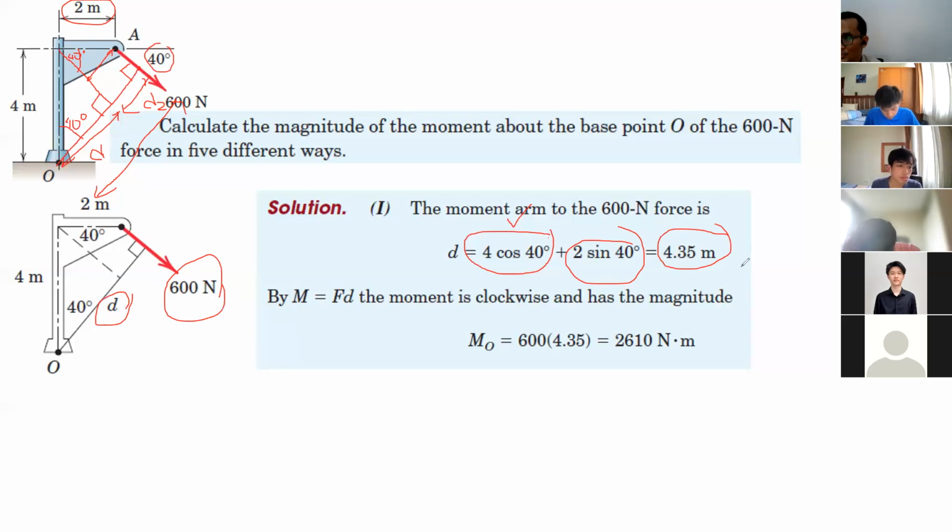Perpendicular distance is 4.35, right? Based on this calculation, the moment is 600 Newton multiplied by 4.35 meters. So in total, the moment will be 2,610 Newton meter. Okay, that's the way of doing that using perpendicular distance.